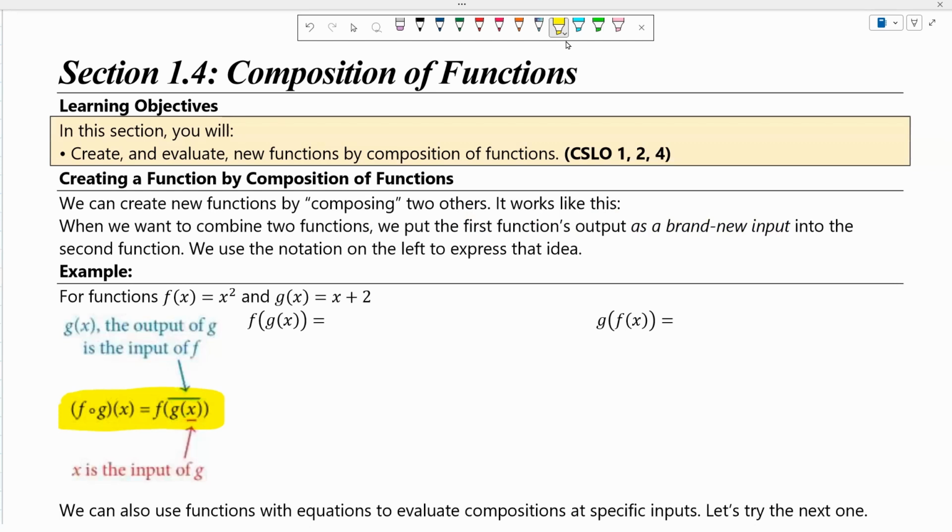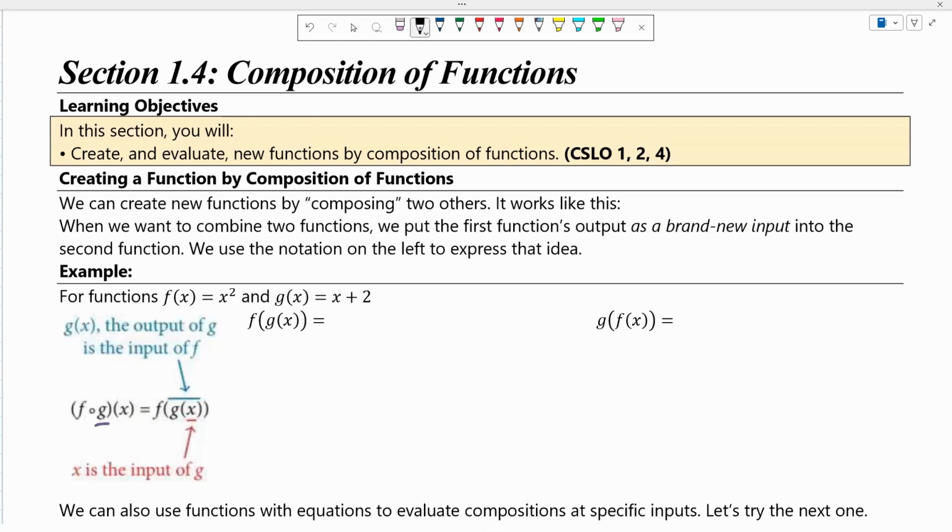Whenever you see that, it means we're going to grab one of the functions and put it inside of the other. The order does matter. You see how g is the second one? This is the appropriate notation, so that means that g goes inside of f.